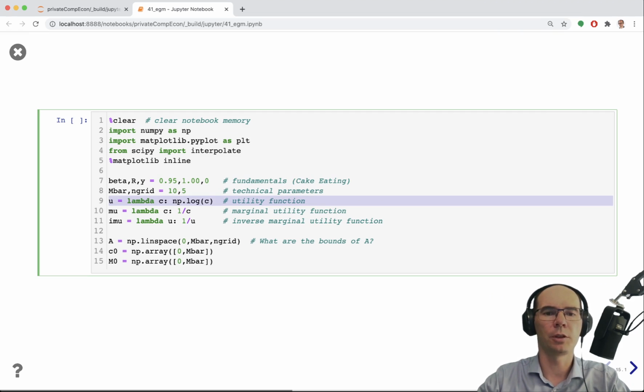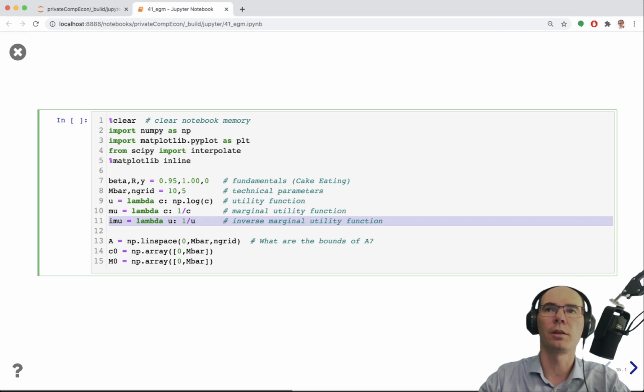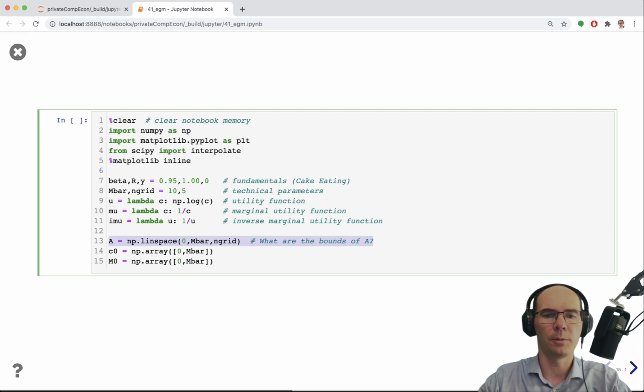Here's our utility function, the log. Here's our marginal utility function, and the inverse marginal is actually the same function, but I'll just write it separately here for clarity. Let's fix the grid on the savings A, and we've talked about what the bounds for A are already. It's 0 and m bar.